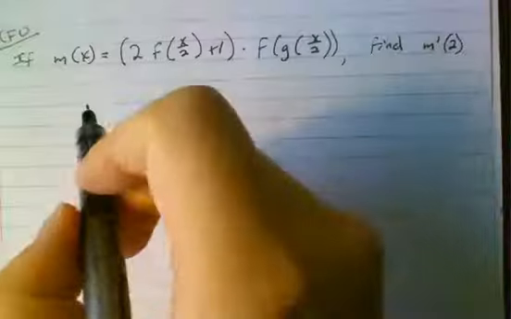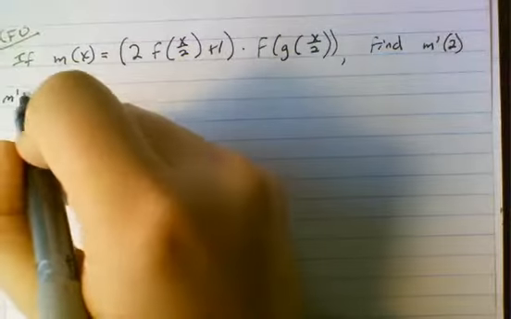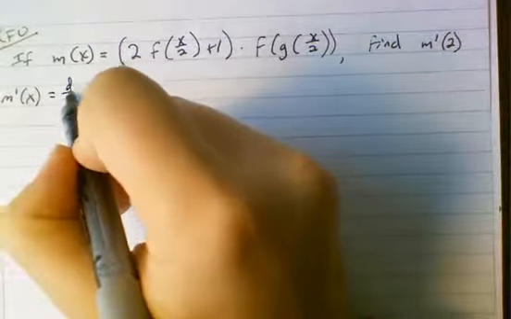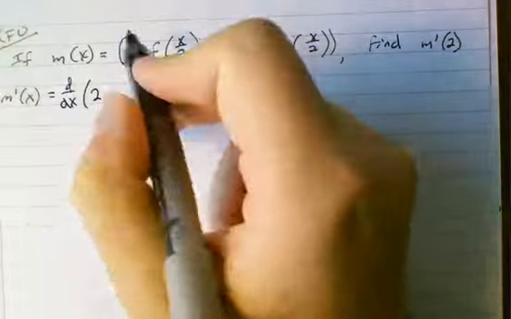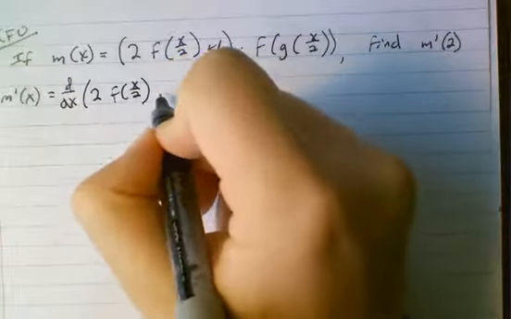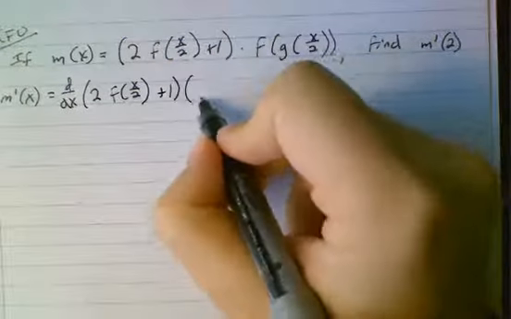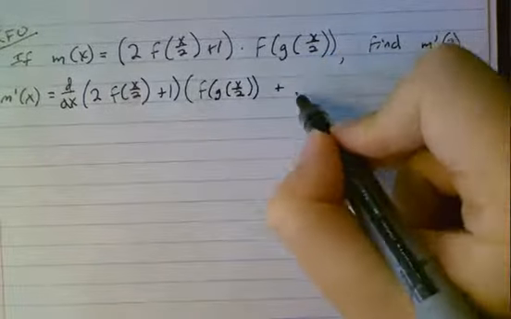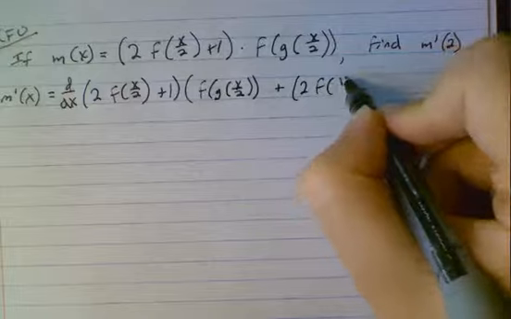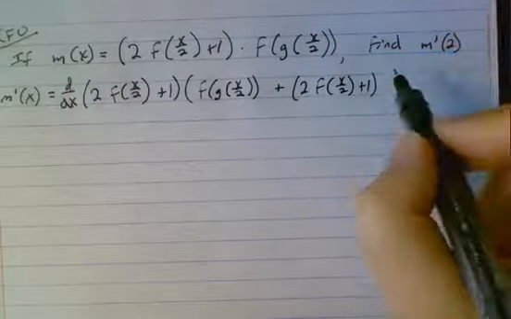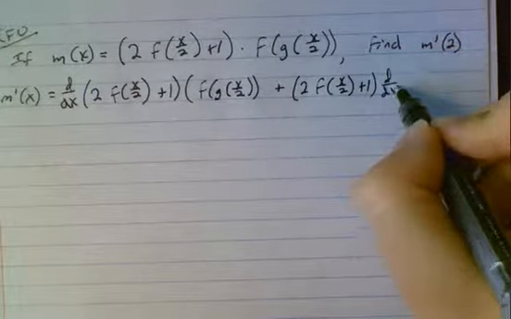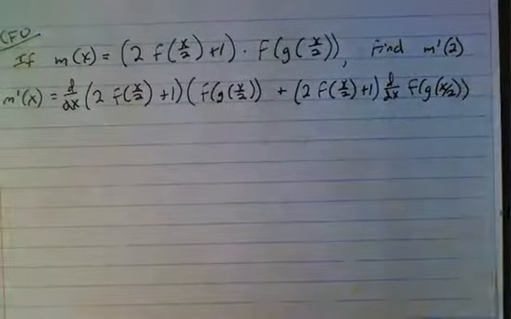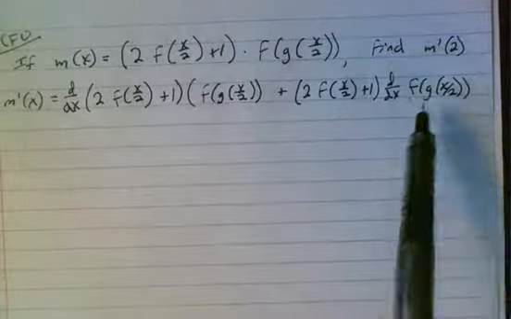First thing to notice is that there's a product rule going on here, so the derivative of m of x means that we're going to first need to take the derivative of 2f of x over 2 plus 1. We also see there's going to be some chain rules in here.